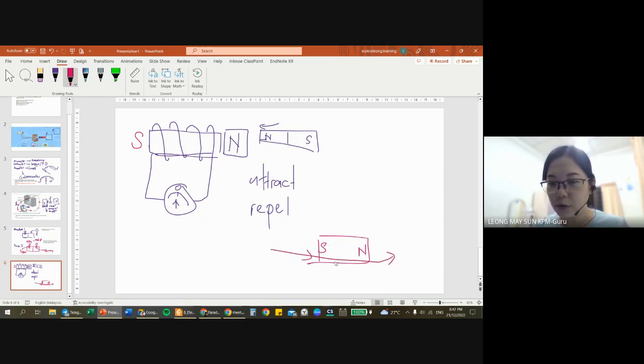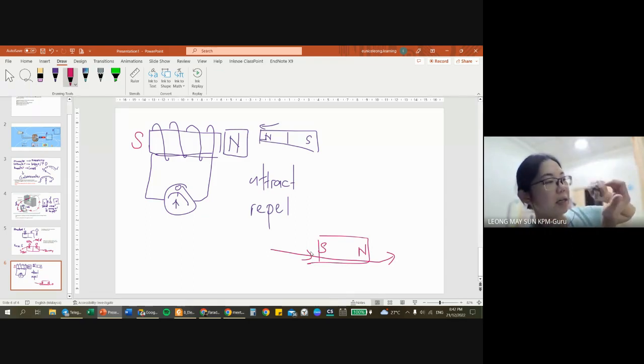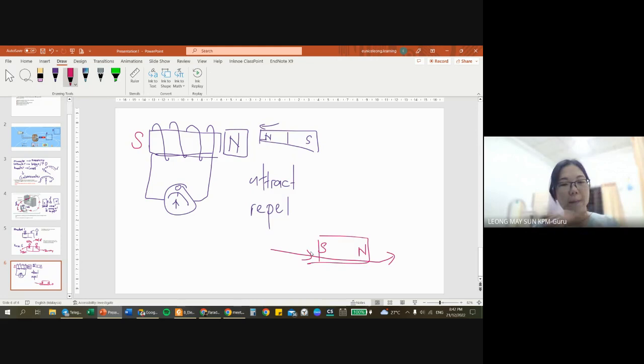So the thumb should point towards the north pole. Then you would notice that your fingers in front are curling down. So the induced current is pointing down, and it will go this way.